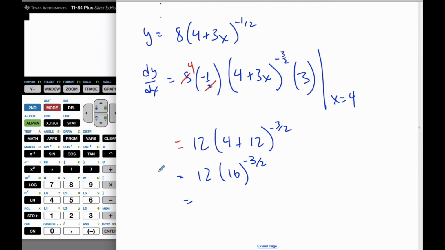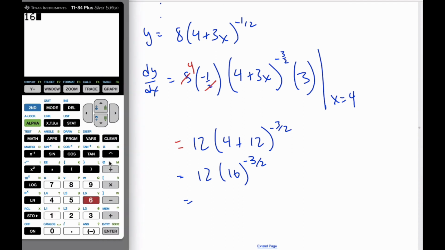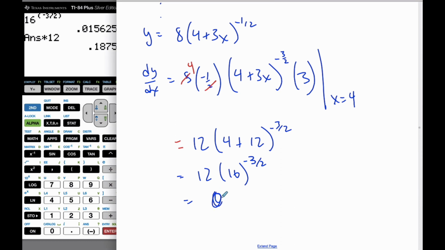Well, if I go 16 to the power of negative 3 divided by 2, and I multiply that times 12, I get 0.1875. And I just realized that I forgot this minus sign here, so I'm going to pull it in.